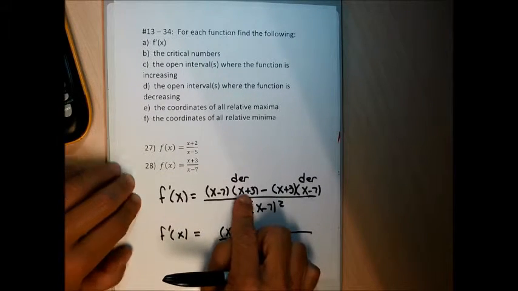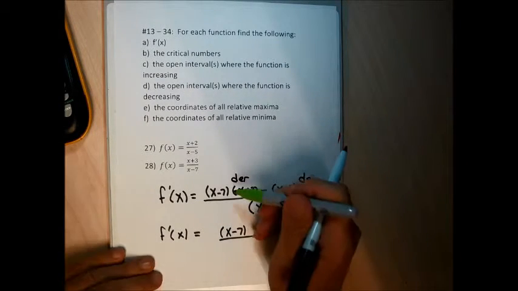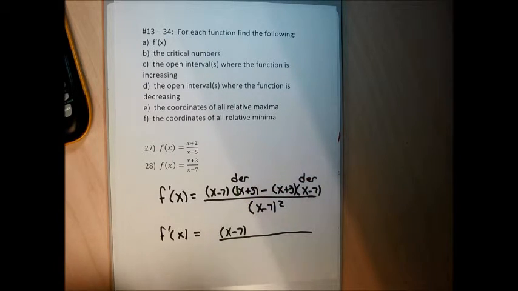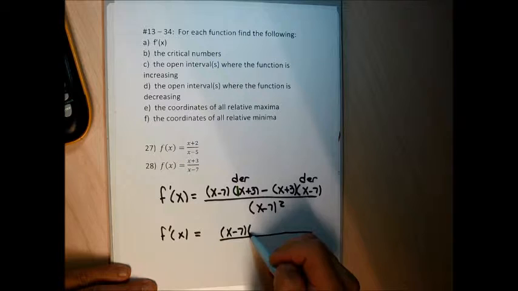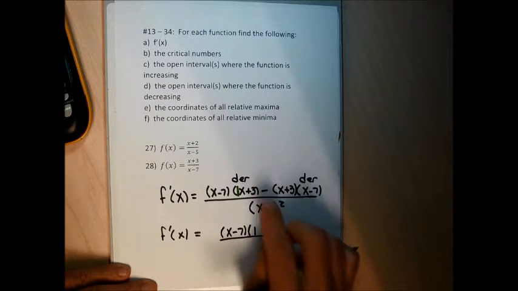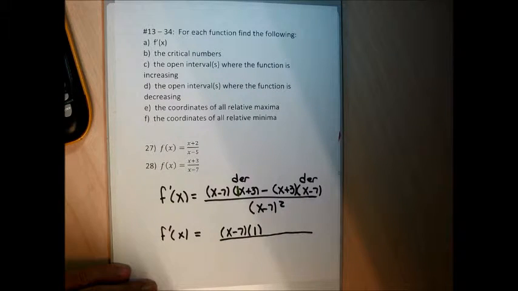For x plus 3, the derivative of that factor, x is a first power term, its derivative is its coefficient, so the derivative of x, part of that parentheses, is 1. The plus 3 is a constant, it has a derivative of 0. So the derivative of x plus 3 is 1.